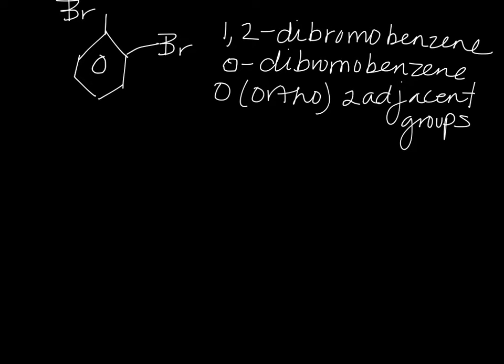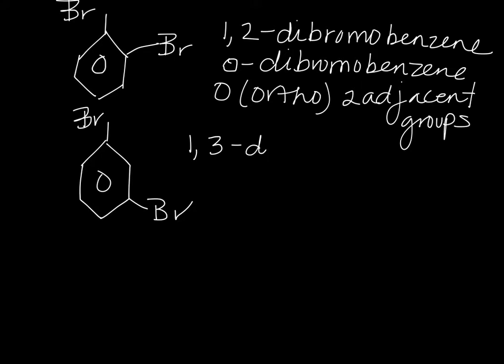Okay, now the next one we're going to move, and we're going to skip one. We're going to put a bromine on the number 1, and we're going to put a bromine on the number 3. So as you can surmise, I'm sure, this is going to be 1,3-dibromobenzene.